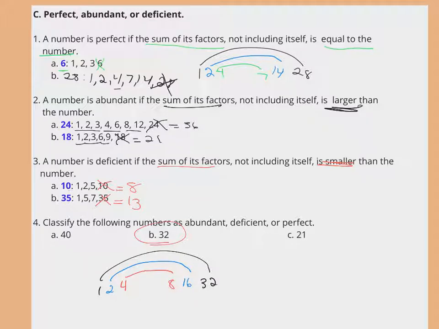And then I would check 5, 6, and 7. They're not factors. So now my next step is to go ahead and add up the factors, not 32. If I take 8 and 16, that's 24, 28, 29, 30, 31. So I get a 31. 31 is less than 32, so I would say that 32 is deficient.